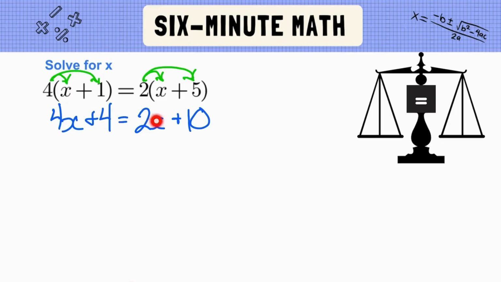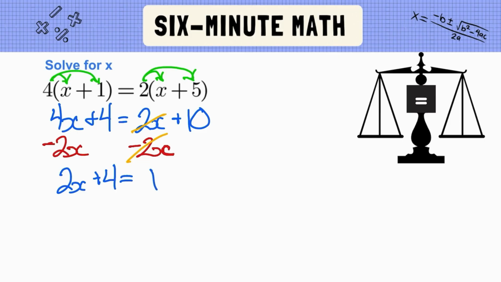So again, I'm going to get rid of this 2x by subtracting 2x from both sides. 4x minus 2x is 2x. I still have a plus 4, and that is going to equal my 2x and negative 2x cancel each other off, and I still have a 10.